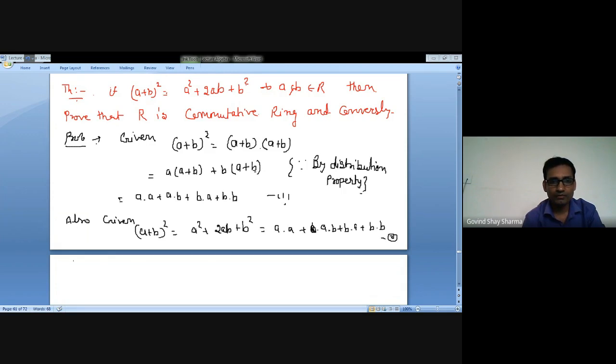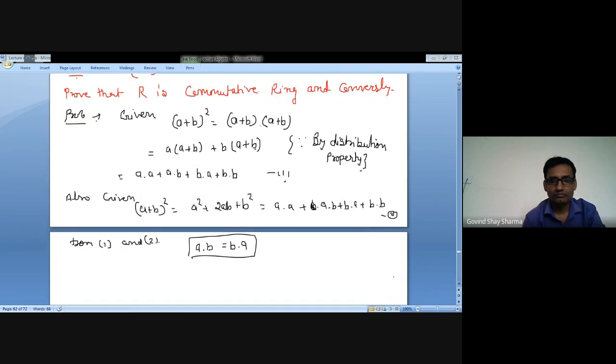From 1 and 2, a dot b is equal to b dot a, and the R is commutative.